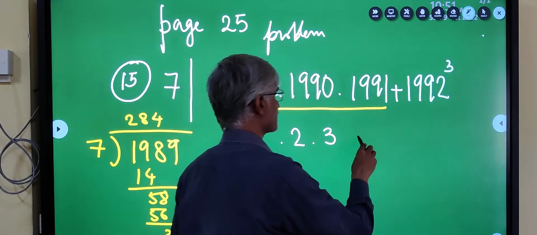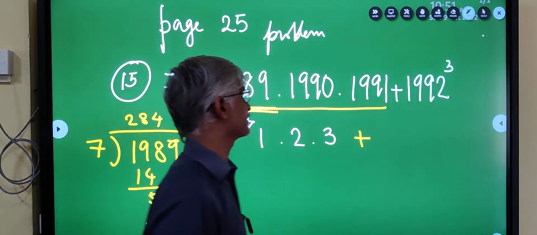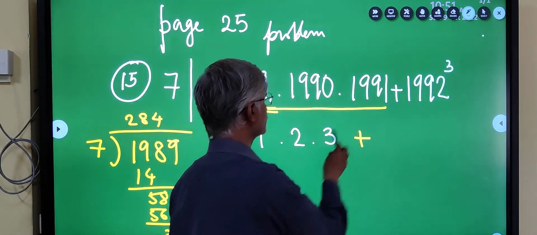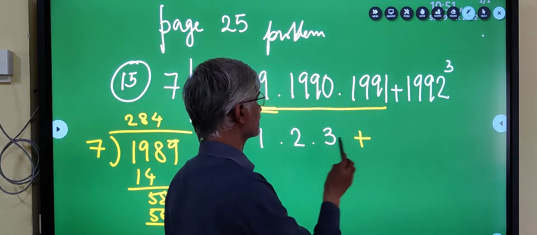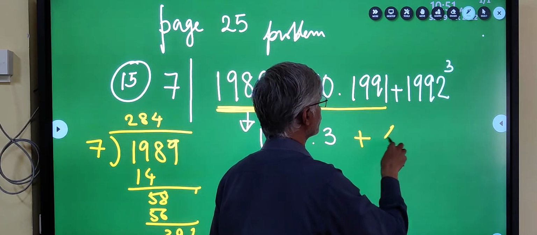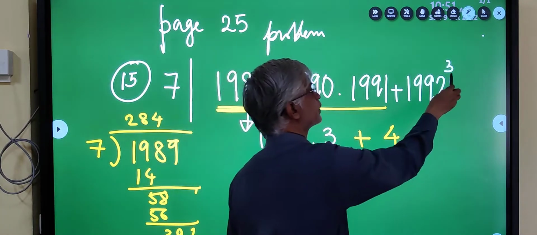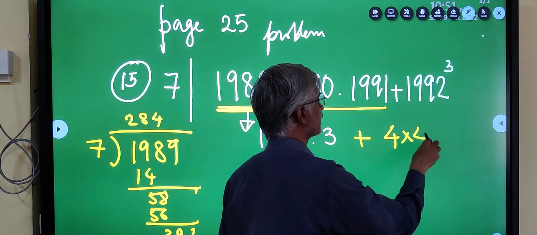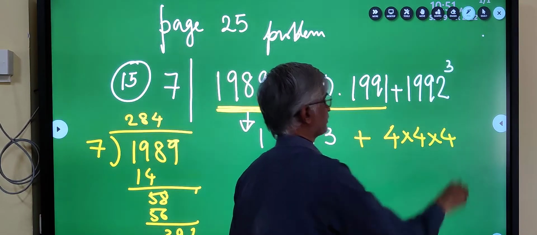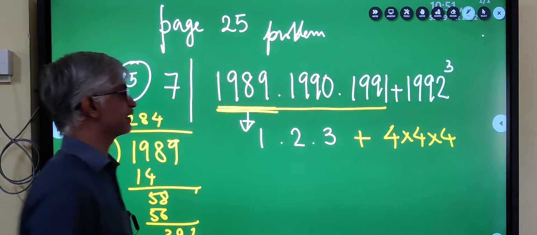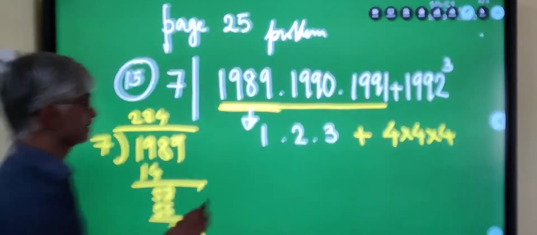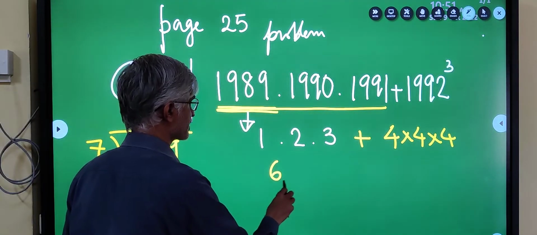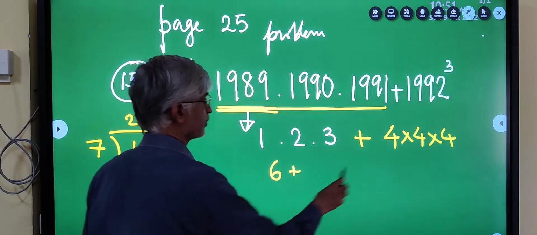Now here we have a plus, so we are going to add the remainders. For 1991 the remainder is 3, so for 1992 it is going to be 4, but it is a cube, so we should multiply 4 three times. So this is the remainder when this number is divided by 7. So this is nothing but 6 plus, now let's deal with this.